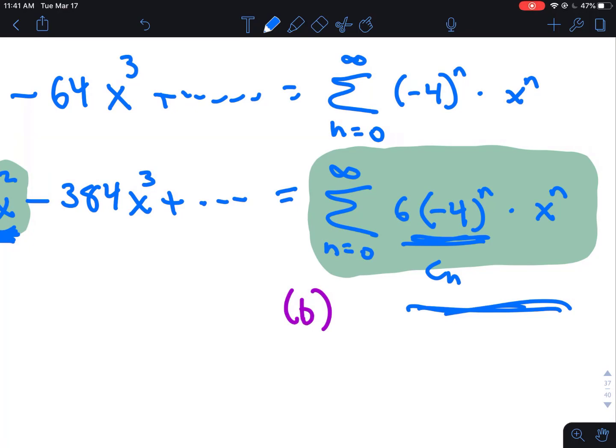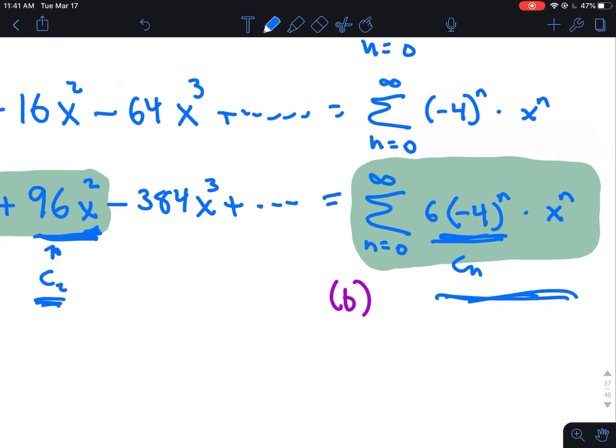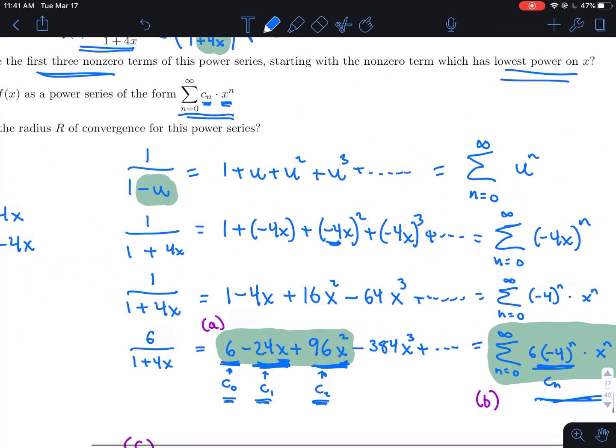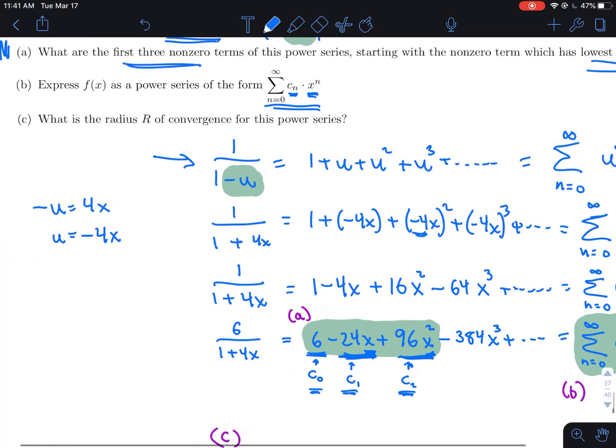So that is certainly a viable option here, but there's actually a bit of a faster way. So remember, this original power series that we used back here had a radius of convergence of 1 for u. That is, the absolute value of u should be less than 1.